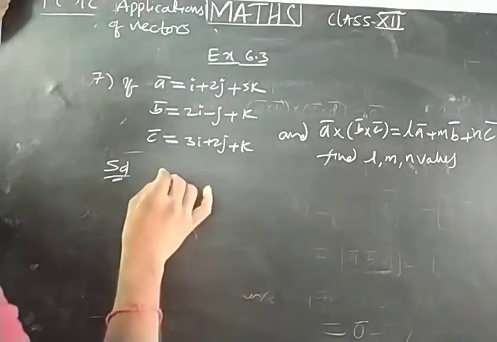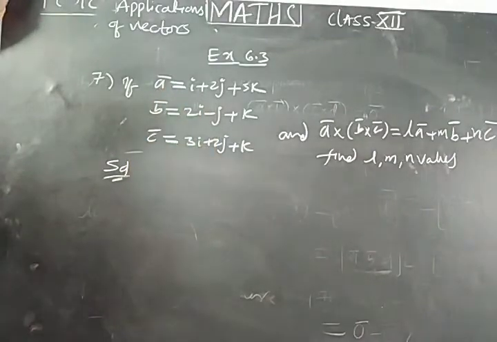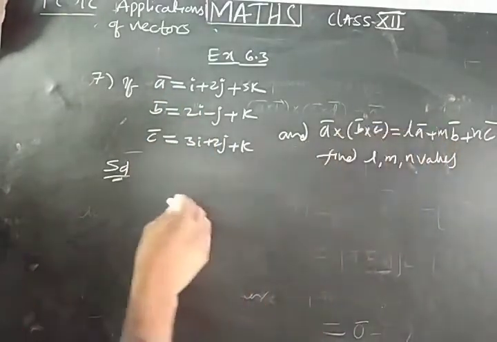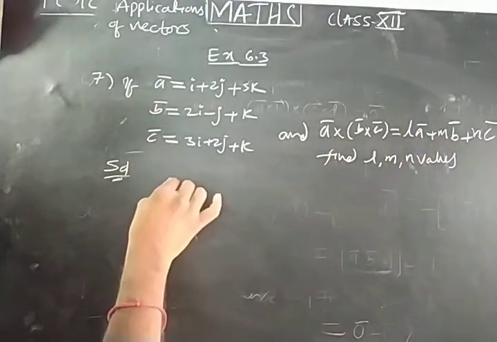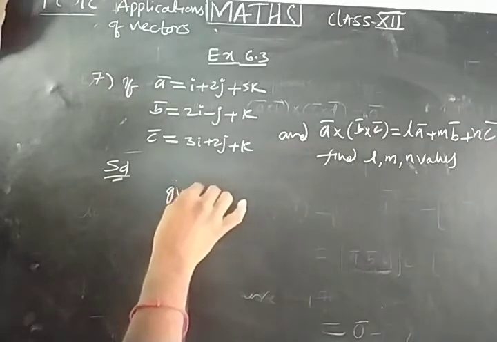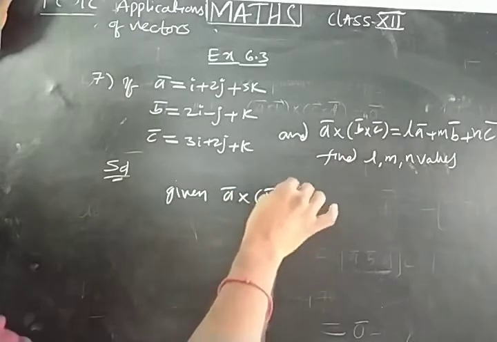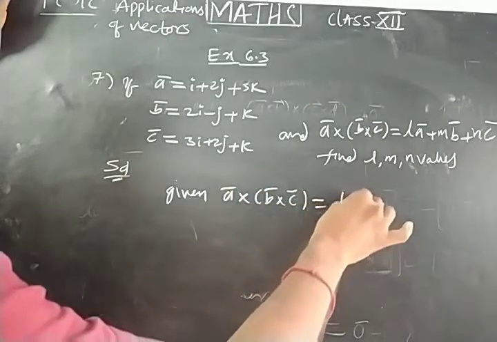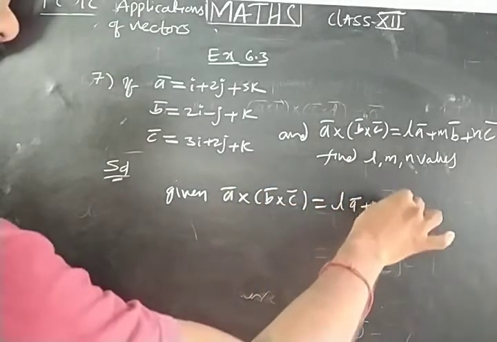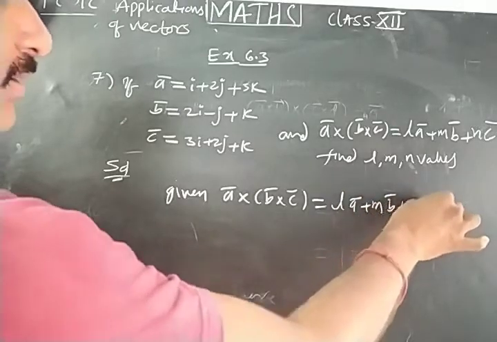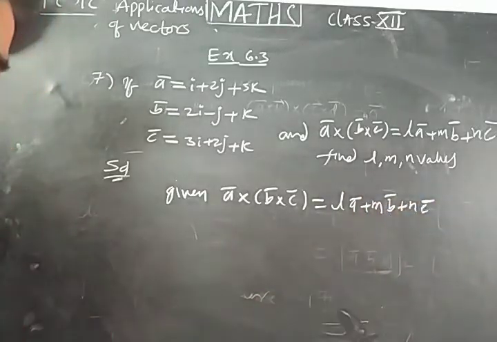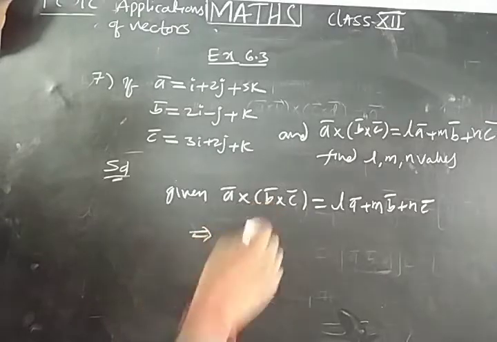Solution. Now we have the given vectors: A bar cross B bar cross C bar is equal to L A bar plus M B bar plus N C bar. Now this is a vector triple product.